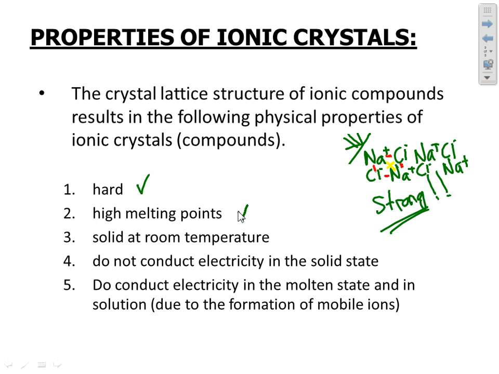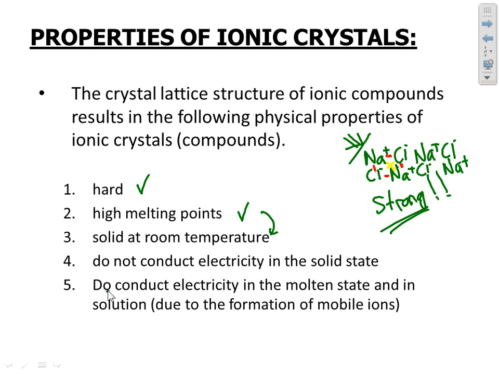They have high melting points. That means you've got to get them really hot in order to break them down. Again, it's strong. They're solids at room temperature. That's because they have high melting points. If the melting point is really high, it's going to make them solids. They do not conduct electricity in the solid state. I'm going to talk more about why that is after we're done the experiment.